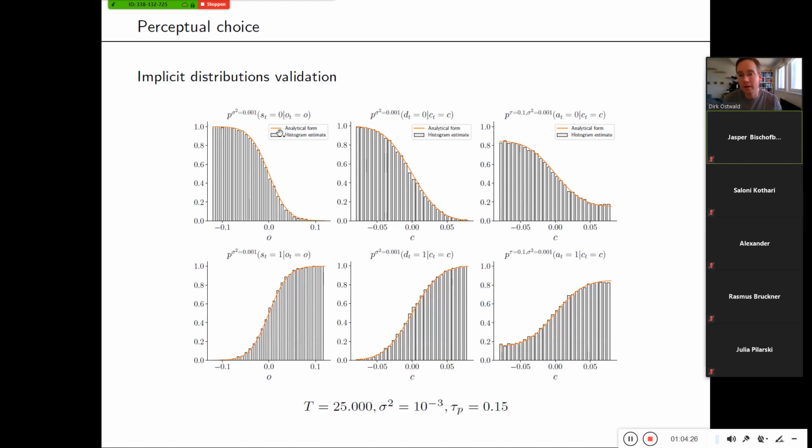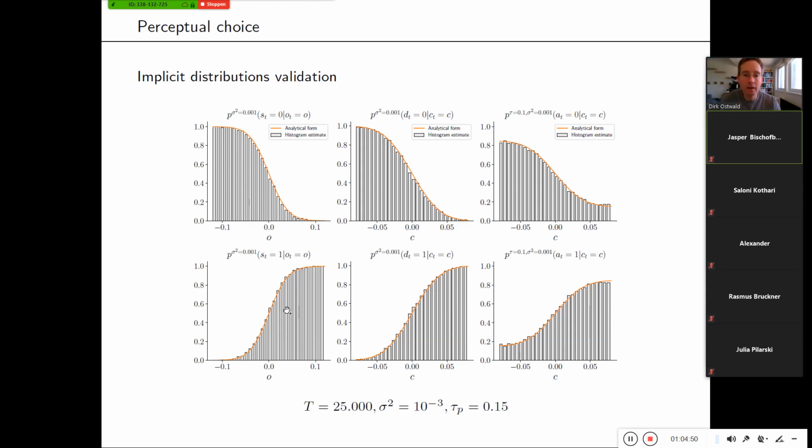We had an analytical form for it, which we derived. I didn't show you in detail how we did that, and this would definitely take too long. But based on simulating the task and the agent, we can also look at the distribution of belief states and have a histogram estimate from that. I'm just doing that to validate our analytical derivation.